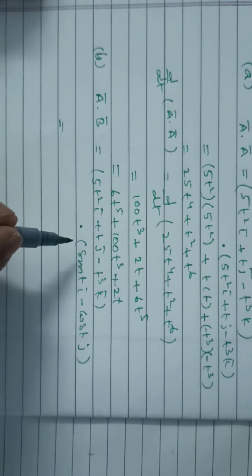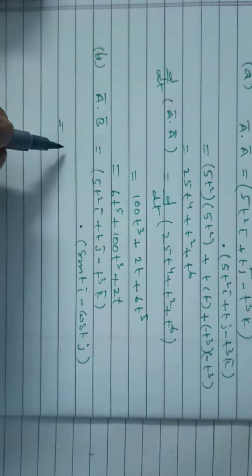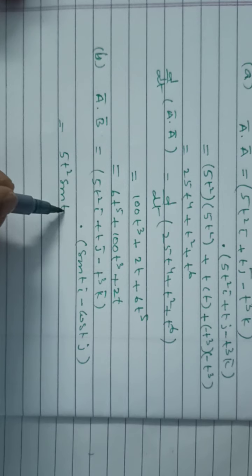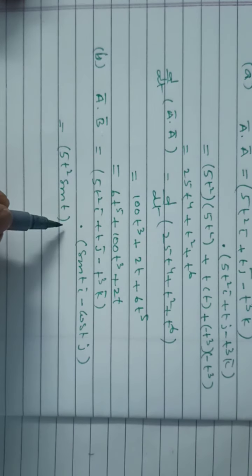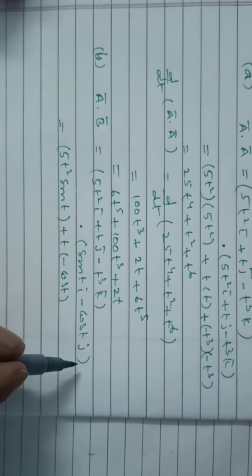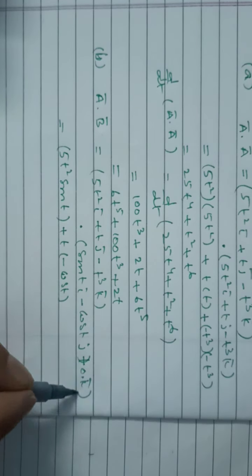The dot product of two vectors is found by multiplying the corresponding i bar, j bar, k bar components and adding. So 5t square into sin t, plus t into minus cos t. There is no k bar here, so plus 0 k bar also is to be written.